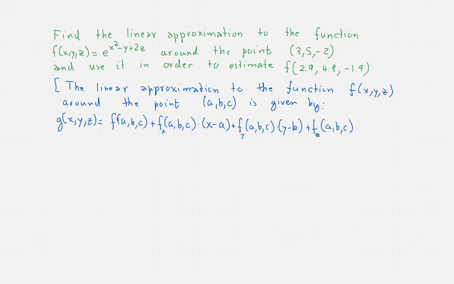And as far as the approximation is concerned, if you have a point (a1, b1, c1) close to (a, b, c), then the value at that other point is approximately equal to the value of the linear approximation at the same point.